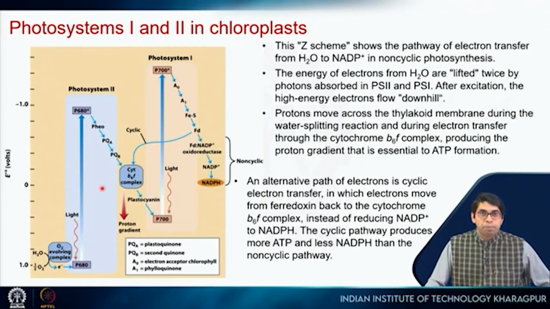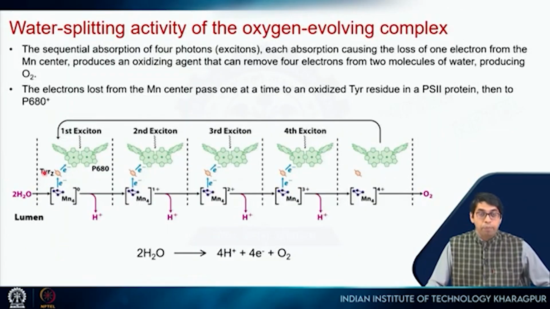So let's look at this oxygen evolving complex. We have already seen photosystem 2, photosystem 1, the cytochrome b6f complex. Now let's look at this oxygen evolving complex, right? Here the water splitting activity of the oxygen evolving complex happens. So water is split, resulting in the formation of hydrogen ions and oxygen.